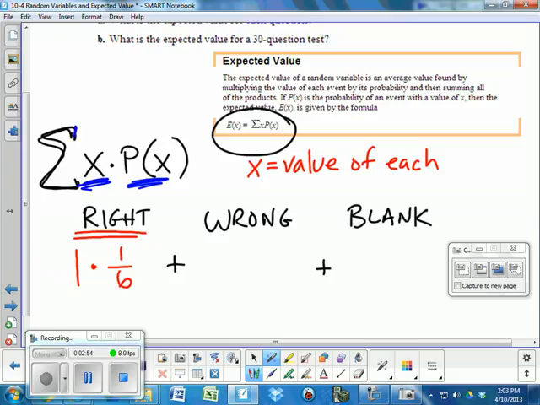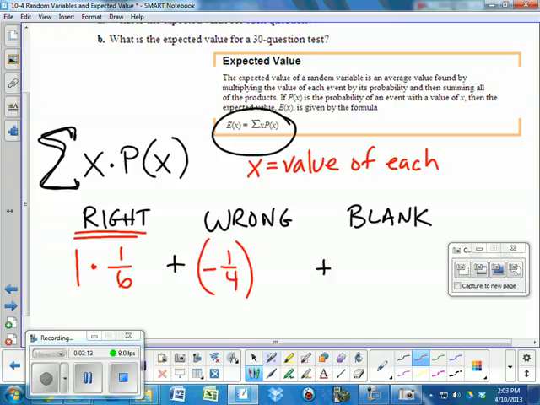Sigma means add, which I'm doing right here, the value of getting it wrong. What's that? The value of marking an answer wrong. How much is that worth? It's worth a negative 1/4 point, or negative 0.25. Okay, that's the value of getting it wrong.